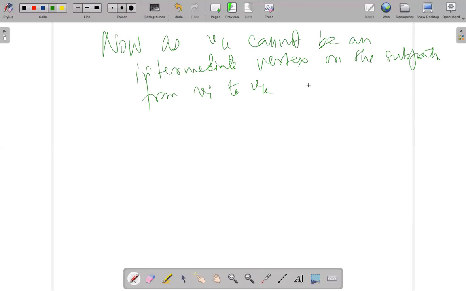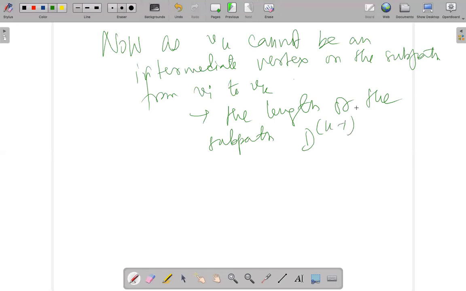So this means that the length of the subpath should be ik.